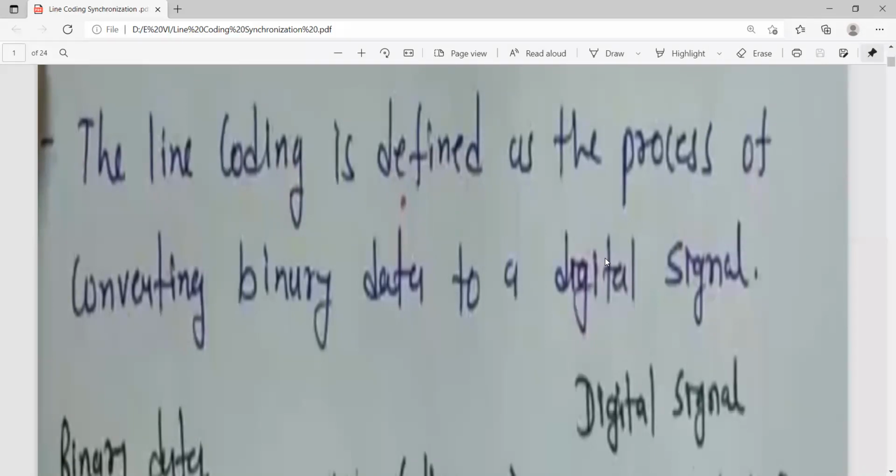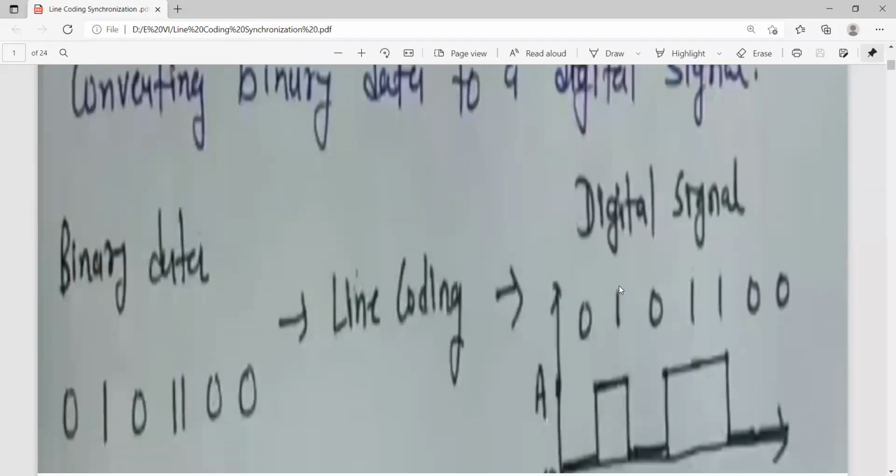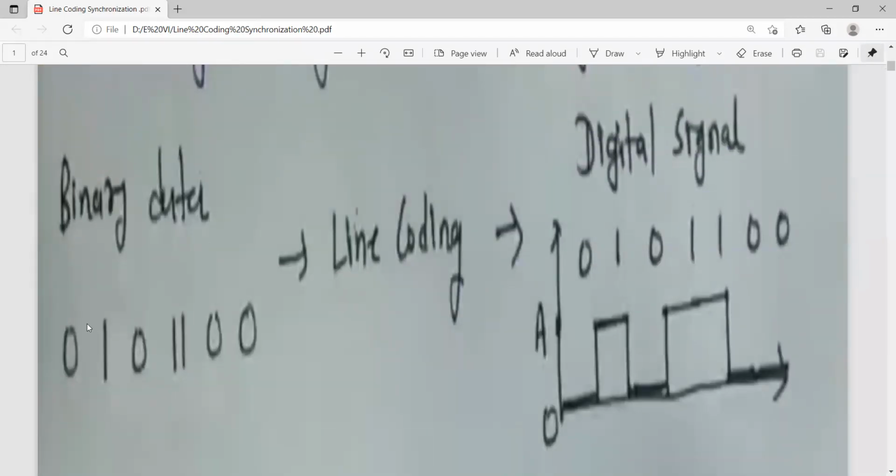So the binary data is always converted. That is line coding. Line coding is defined as the process of converting binary data to a digital signal. For example, let us assume this is binary data. In the coding format, this binary data can be converted into a signal format, that is, some waveforms.